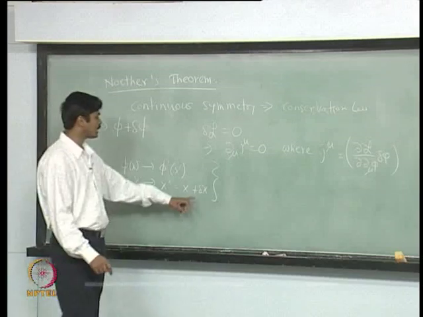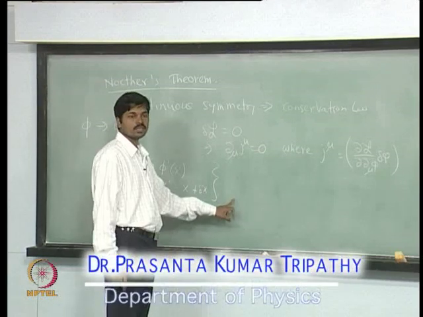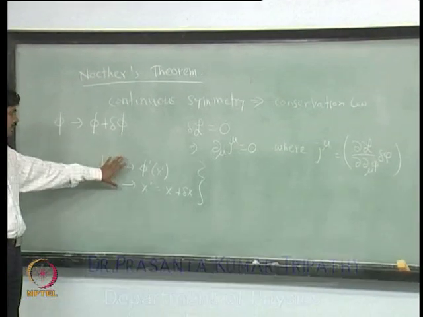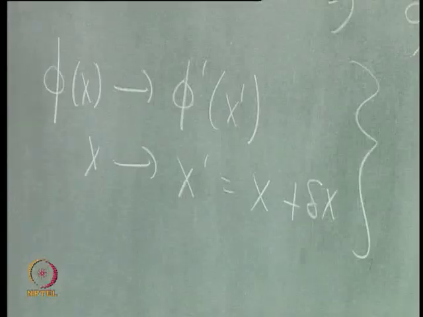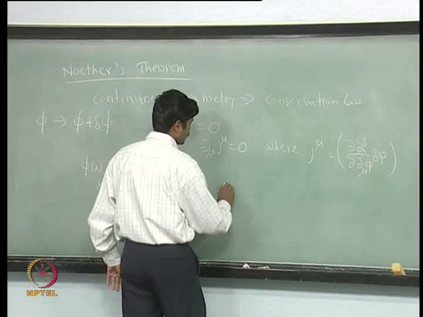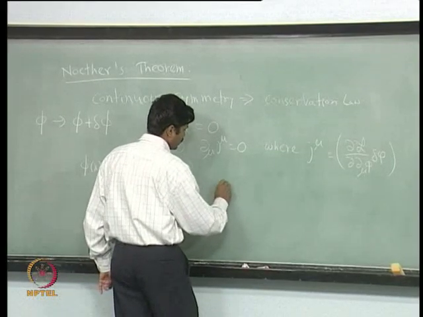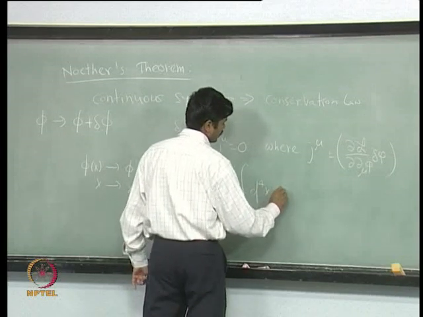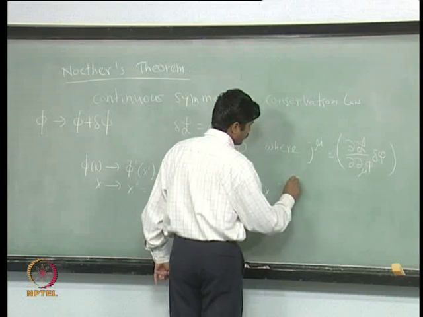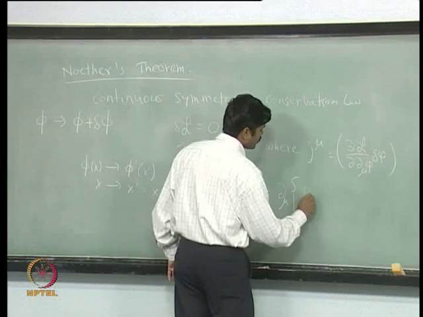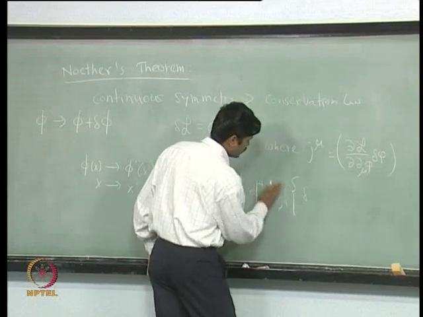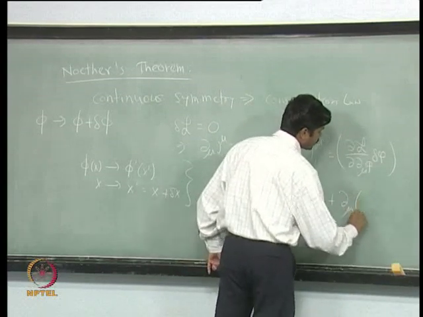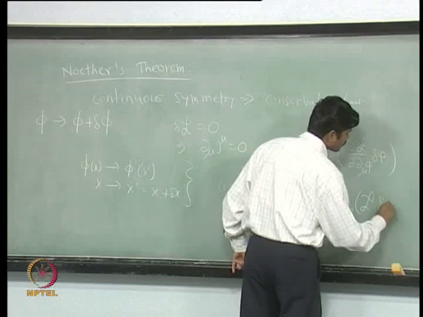What you need to consider in this case is the invariance of the action, and the invariance of the action under such a transformation basically implies that this quantity is equal to 0: delta L plus del mu of L delta x mu.